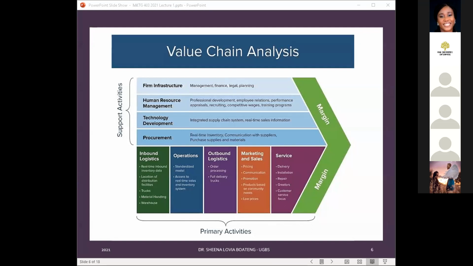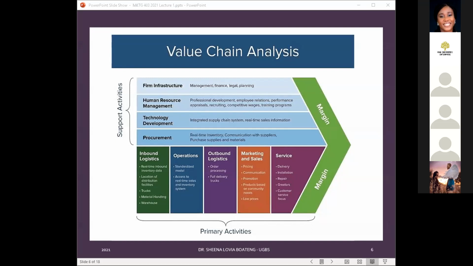We can also talk about operations. Once the raw material has been received and stored in warehouse, there are several operations that are involved in converting this raw material into finished products. All of these things involve machinery and certain forms of technology, which again can be also automated.